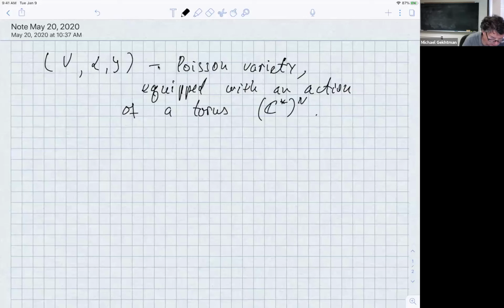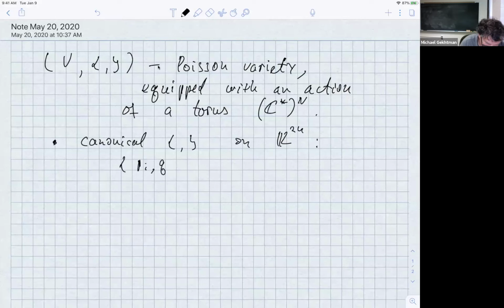The simplest example of a Poisson structure, of course, is the canonical Poisson bracket on R^2n, when we have coordinates p and q, and {p_i, q_j} is delta_ij, and the rest are zero. So the constant Poisson structure, and in many problems, it is convenient to find coordinates which have this shape, and these are called Darboux coordinates, right? So this one is constant, right?